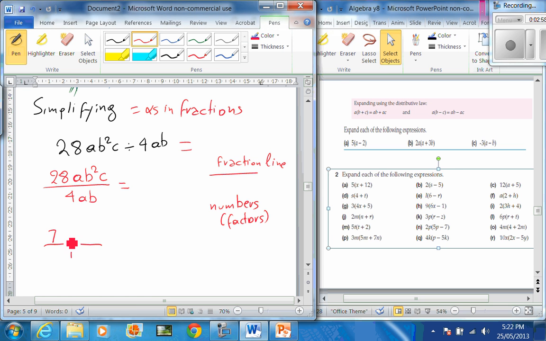And I still have ab squared c. Underneath I have a and b. So can I cancel something? Do I find something common? Yes, I do. This and this gone. And also this is gone because 1 is none.